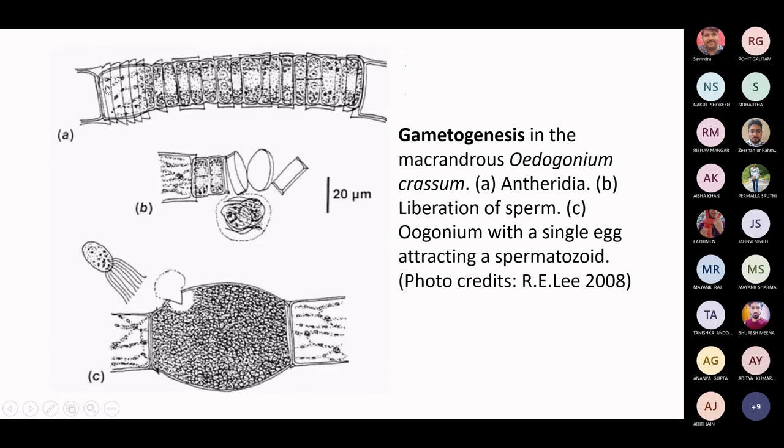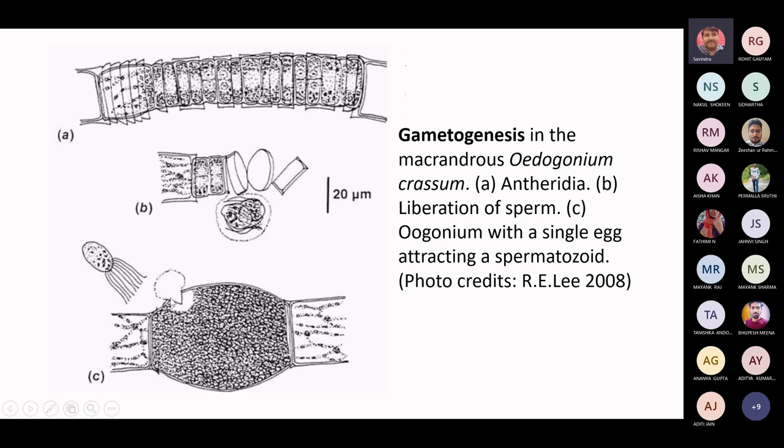So whether it is dwarf male or inside a macrandrous species, once the male gamete comes out from the antheridia, it will swim towards the female gamete or oogonia.